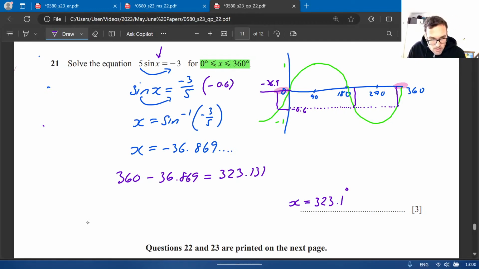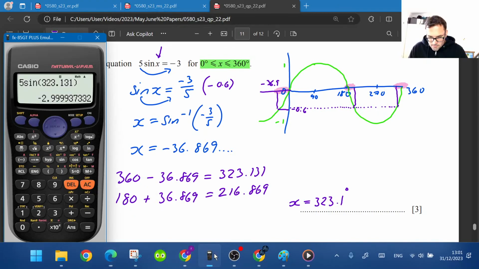Okay, but remember there was another answer there. And again, it's all symmetrical. So this distance here would also be 36.9. So all we need to do is 180 plus 36.869. What would that be? 216.869.